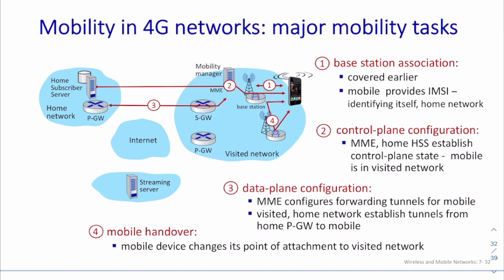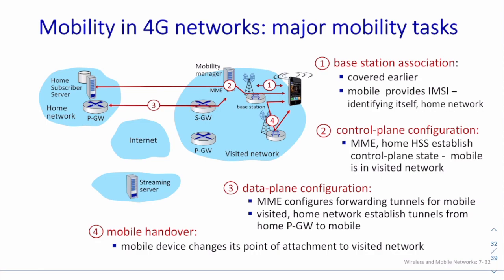So the next one is when you move between different towers. There are some things that need to be done. First, you have to associate with the base station, as we mentioned before, and when you associate with the tower, you need to provide your IMSI to identify yourself and your home network.